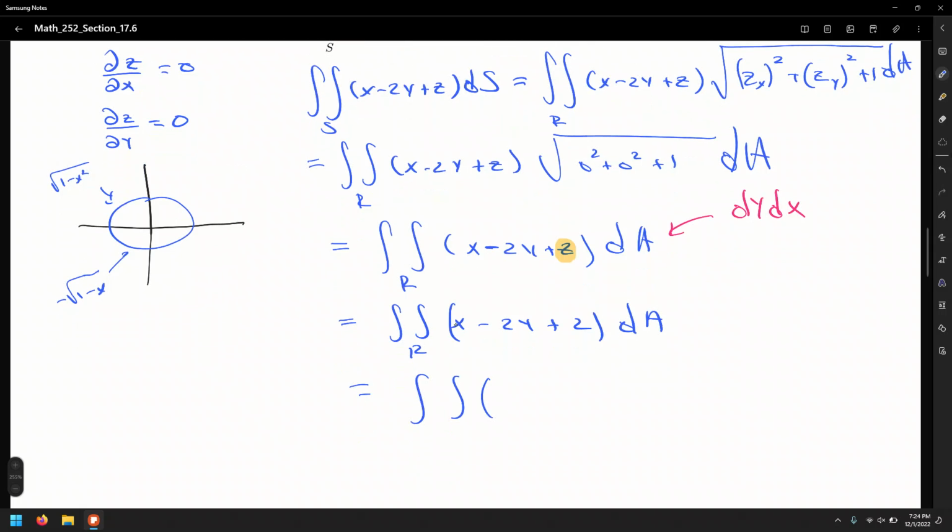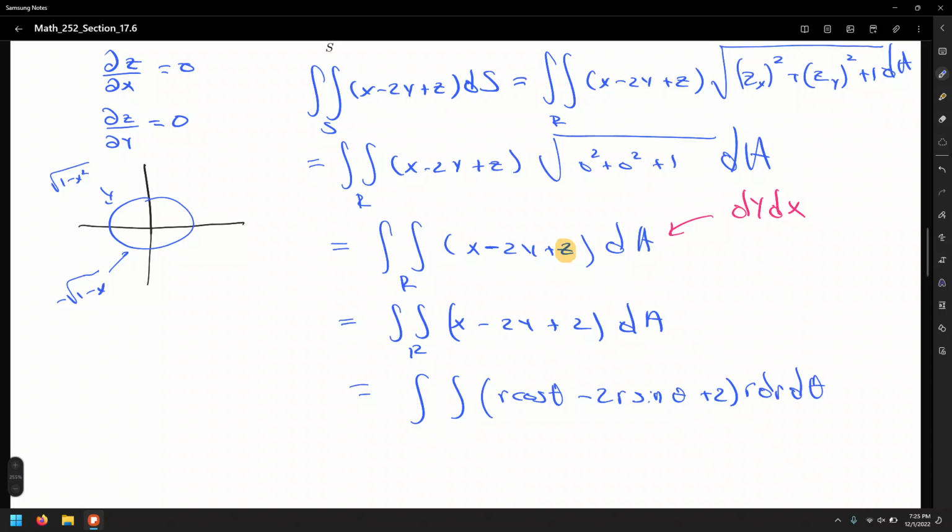Let's replace x with its equivalent in polar coordinates. What's that? r cosine theta, minus 2 r sine theta, and just plus 2. dA becomes dr d theta. Am I missing something? An r, right?